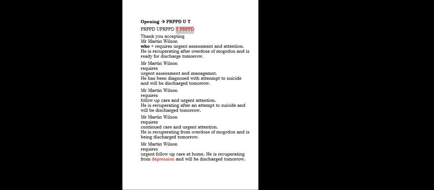But in this case notes, if you have read this carefully, there is no communication prior to that. So T stands for thank you. T stands for telephonic conversation. T stands for transfer. In most of these cases, we use TPRPPD. But not all the transfers, if the transfer is happening with the prior permission of the recipient, there we can use TPRPPD.